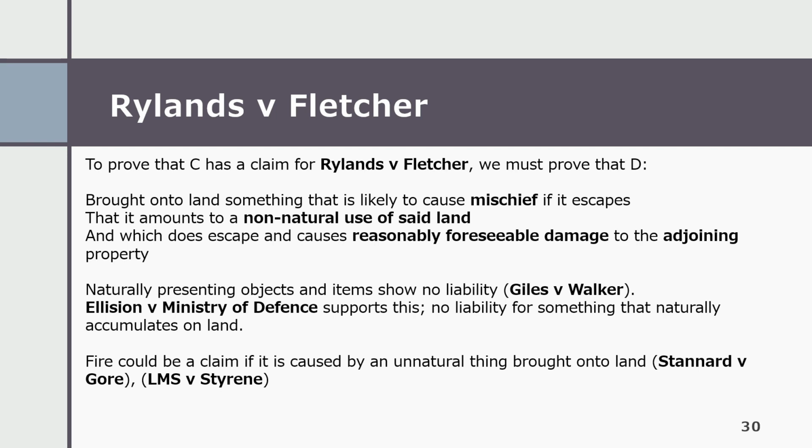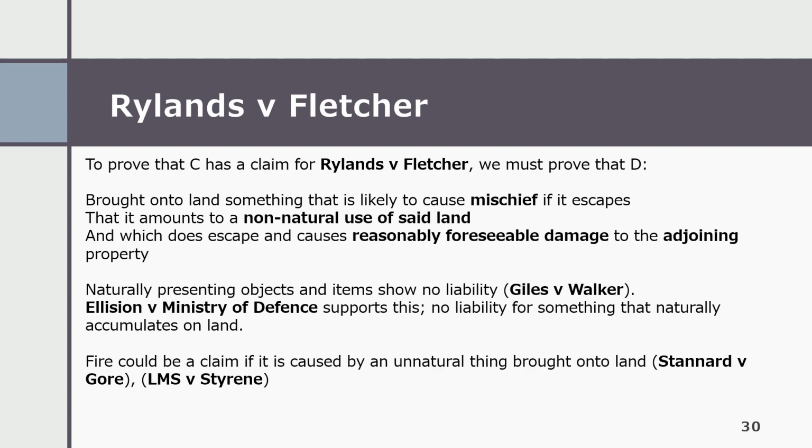Fire could be a claim if it is caused by an unnatural thing brought onto land. So Stannard v. Gore, LMS v. Steel. So be careful here. It's not the fire itself which brings about the Rylands v. Fletcher claim, but it is the thing that started the fire. If the thing that started the fire warrants a non-natural use of land, then Rylands v.